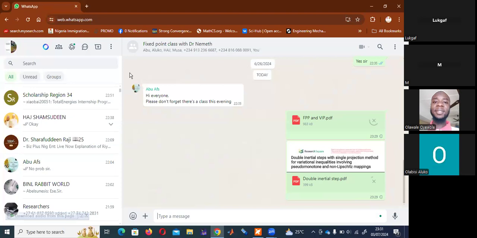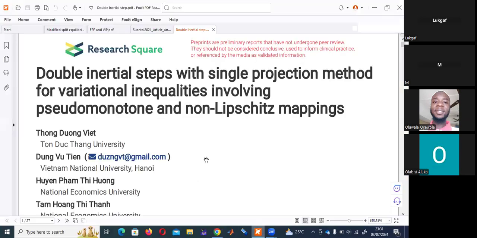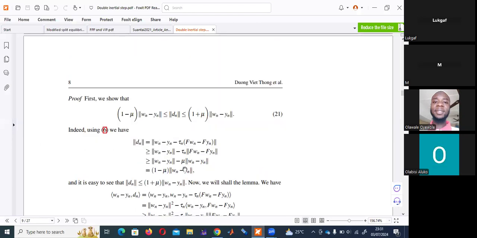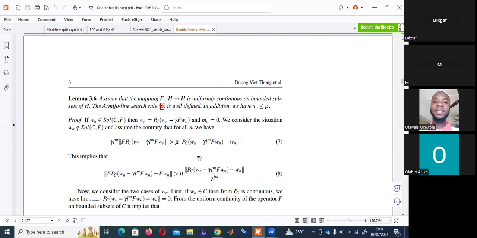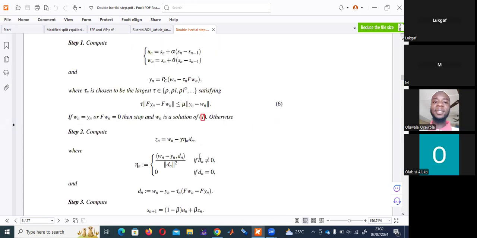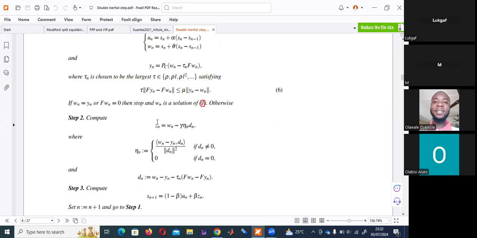Now this one uses non-expansive mapping and line search instead of self-adaptive. What type of method is this? This is a projection contraction method. This method is called projection contraction.